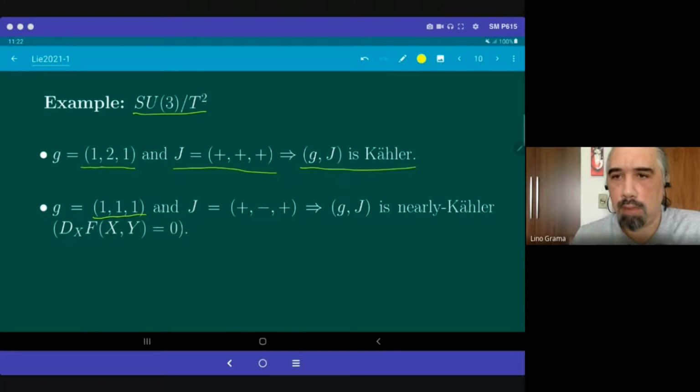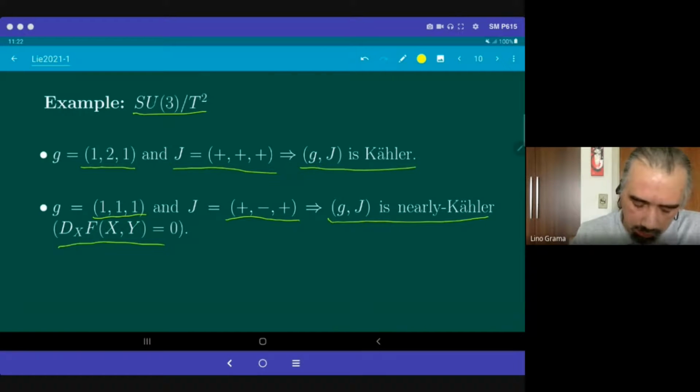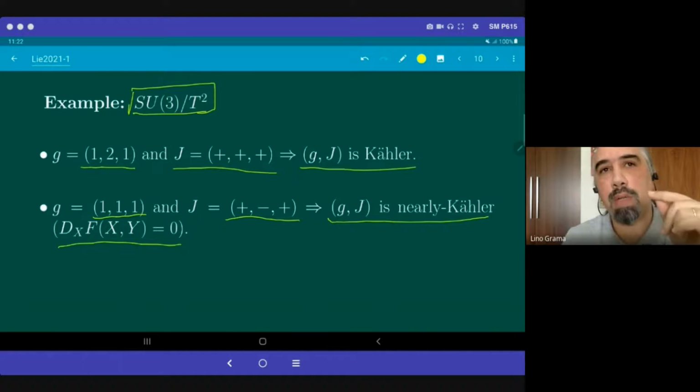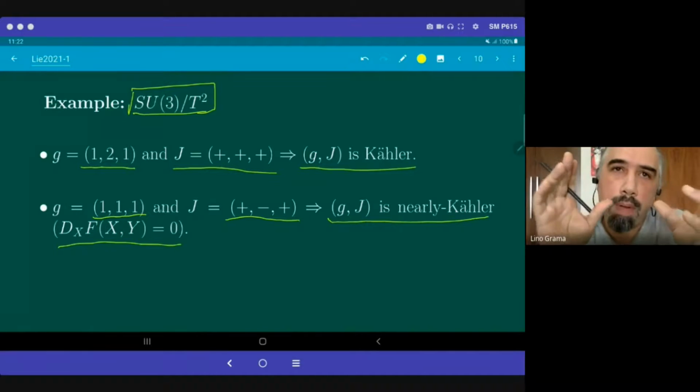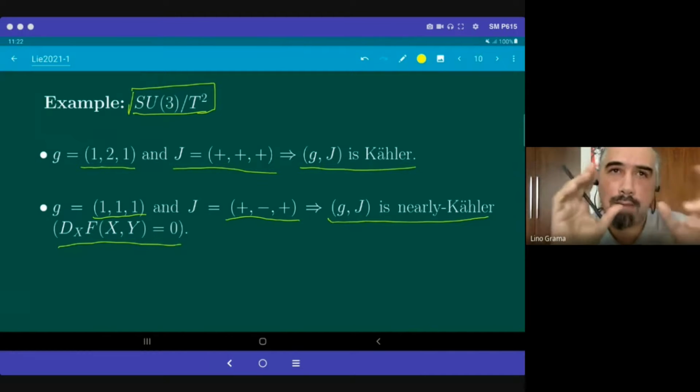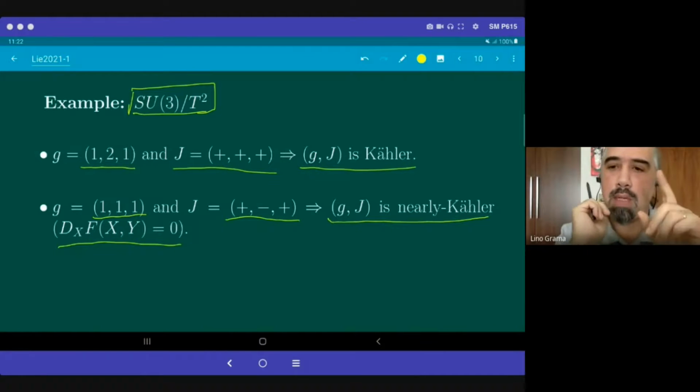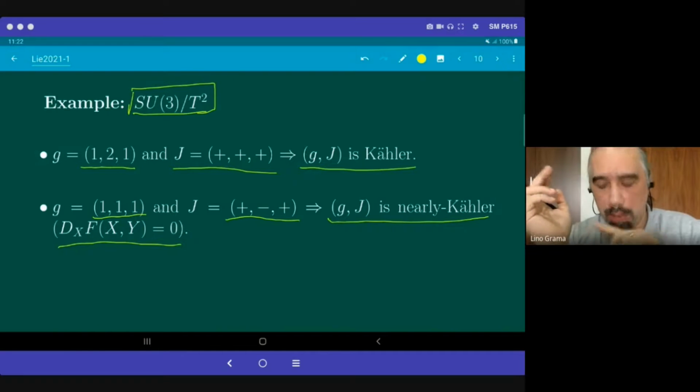This comes from the Cartan-Killing form of the compact group. And with this choice of signs, this pair is nearly Kähler. This satisfies this equation. And for these flag manifolds, we have just these two invariant almost complex structures, up to conjugation and equivalence. One is integrable and the other is not integrable.